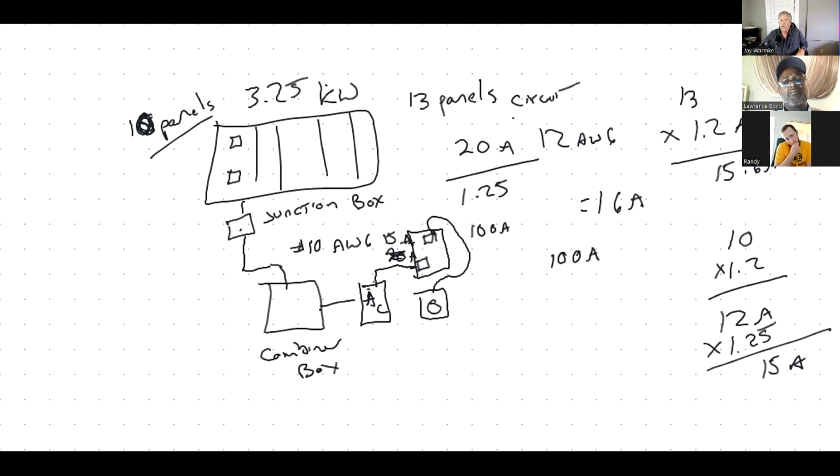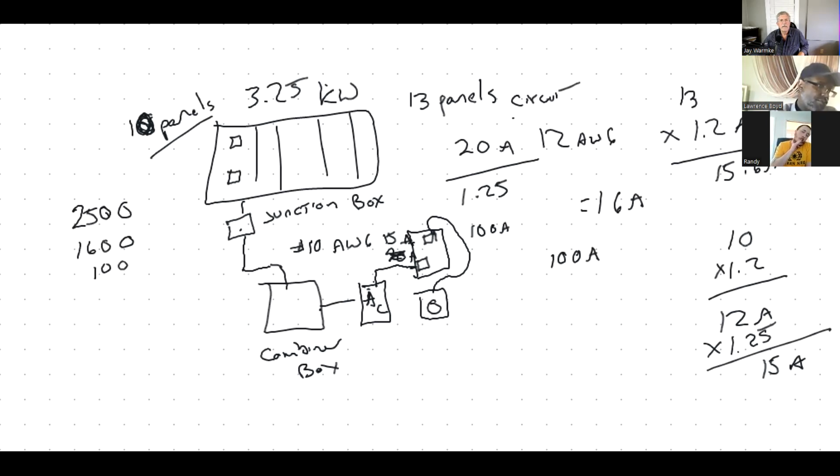Yes. So if we're talking about a system cost, let's say each of our panels is $250. So 250 times 10 is going to give us $2,500. Each of our microinverters is, let's say, $160. So times 10 is $1,600. The junction box, let's just say that's $100.